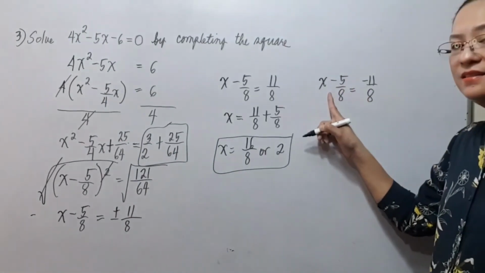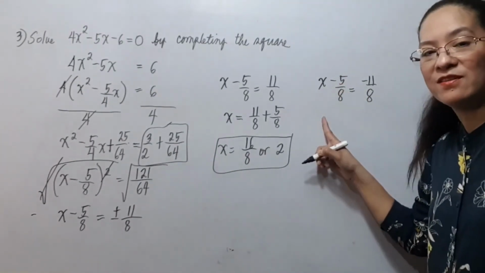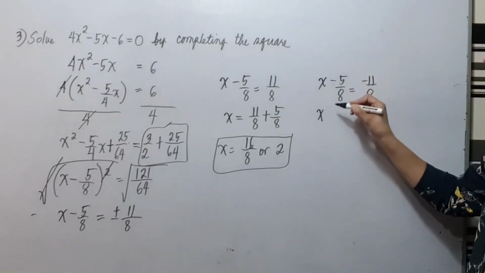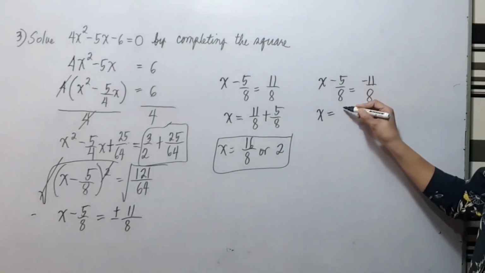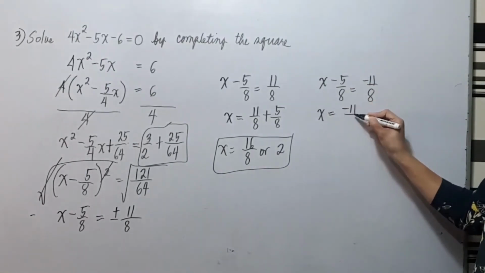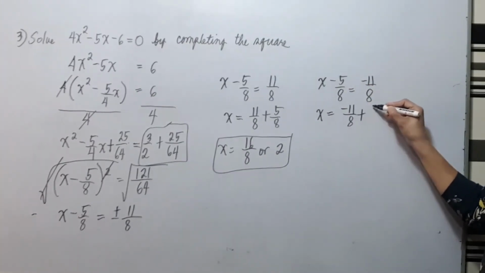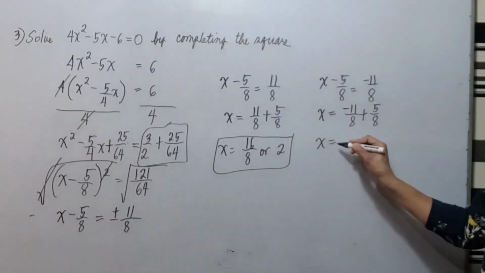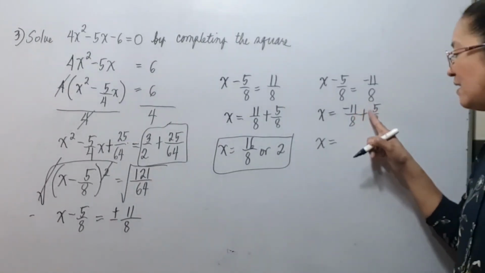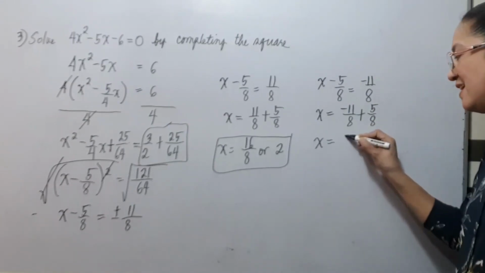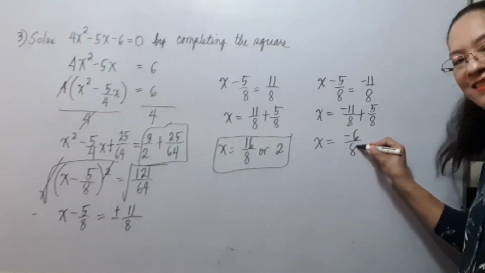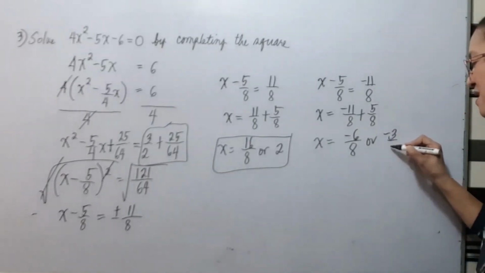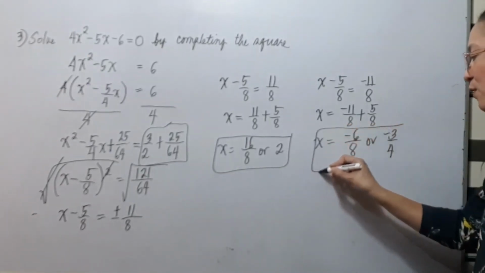So, we add positive 5 over 8 sa left, same with the right. So, x, magiging mawawala yon, is equal to negative 11 over 8 plus 5 over 8. So, x is negative 11 plus 5 is negative 6 over 8. Or, that is negative 3 over 4.